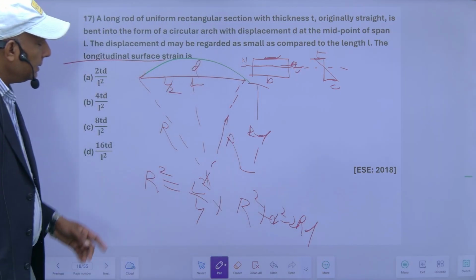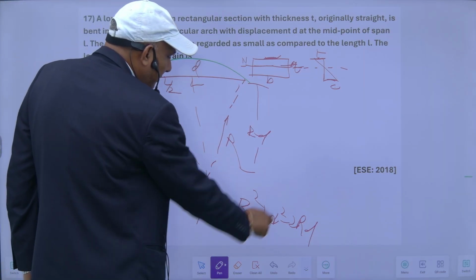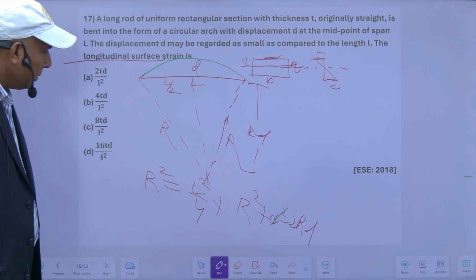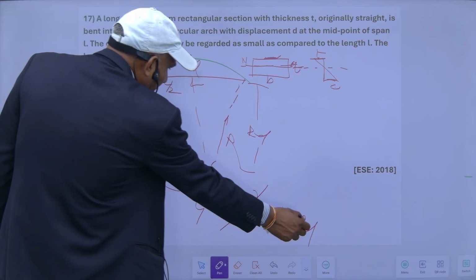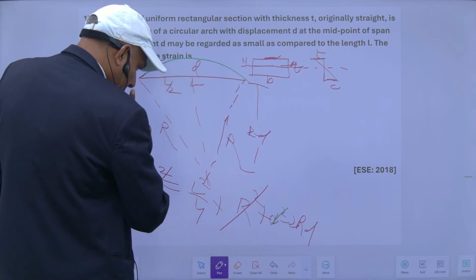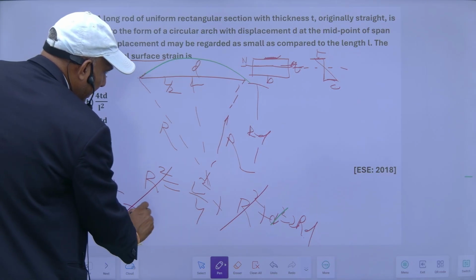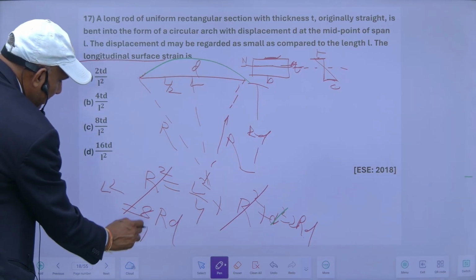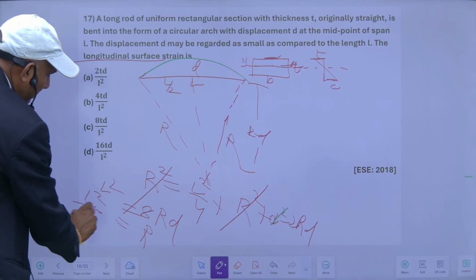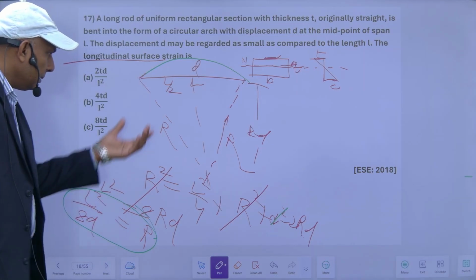Since D is very small, its square will be negligible, so we can neglect this one, and R square and R square cancel. So L square is equal to 8RD, meaning R is equal to L square upon 8D. This is the radius of curvature.